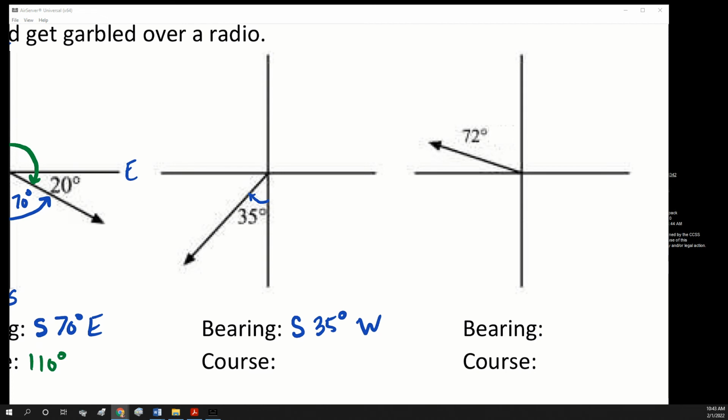And then the course is going to be from 12 o'clock. How are we going to get that? We know that from here to here is 180, and then we add 35 more to that. That's going to be 215 degrees.